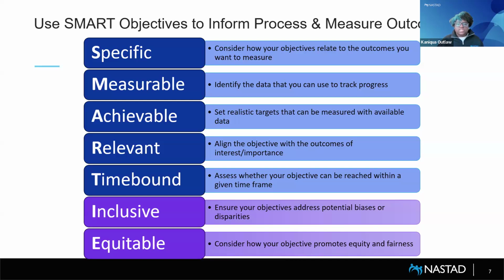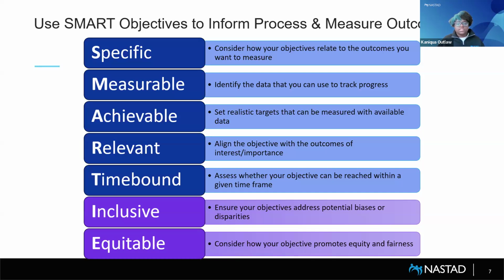You'll also want to make sure that you align those objectives with, for instance, outcomes of interest or those that are important to your program goals. So you'll want to consider whether or not, if you're looking at an objective being realistic or relevant in some frameworks, does that objective align with your organization's goals, mission, vision, and values?